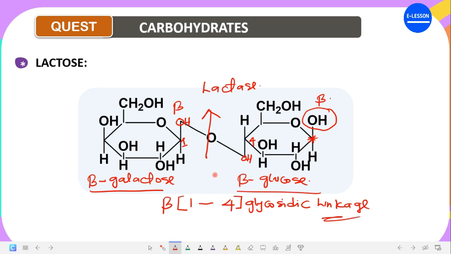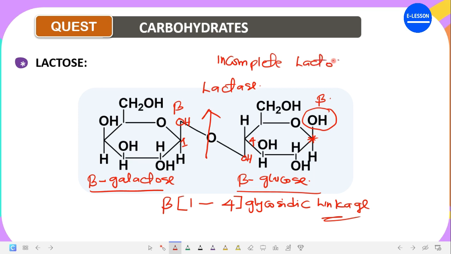Glucose. Now there's what is called lactose intolerance. Lactose intolerance is a disorder in which this enzyme lactase is unable to break the lactose down into its component monomers, which are beta galactose and beta glucose, thereby leading to incomplete digestion of lactose.